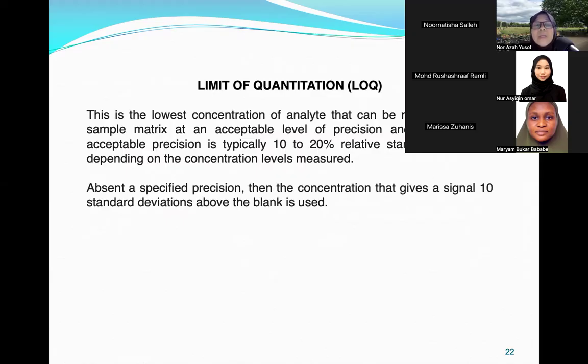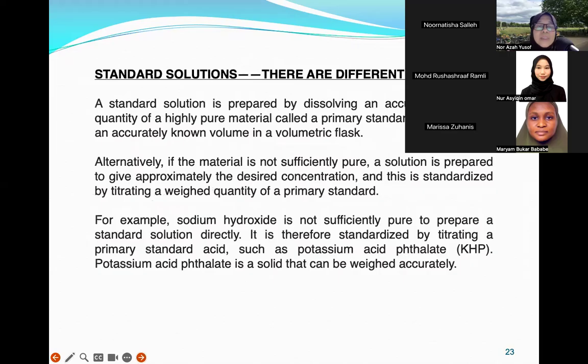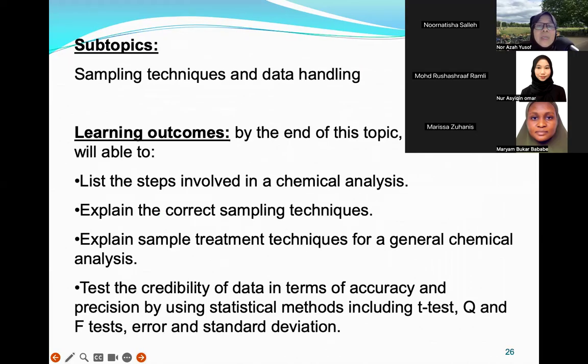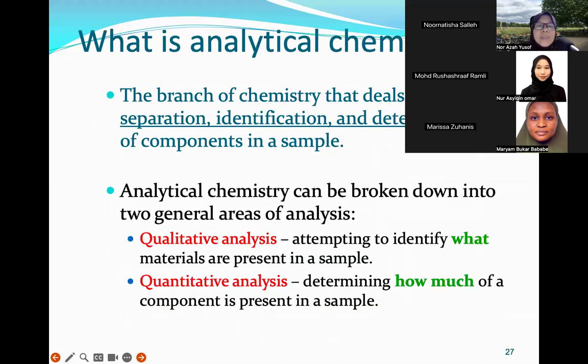Those are the sample matrix. And acceptable precision is typically 10 to 20% relative standard deviation. This one we will discuss later, but I'm just telling you some words that you're supposed to be familiar with.